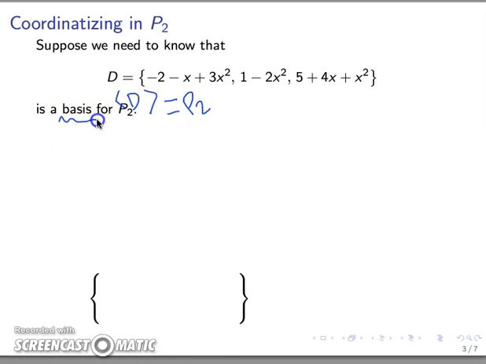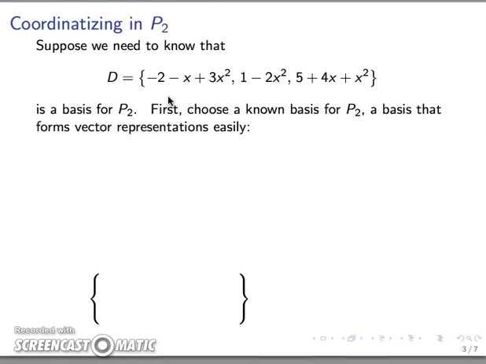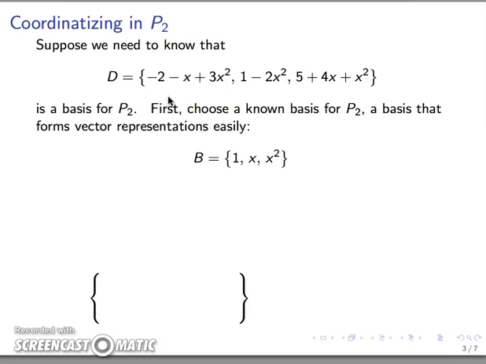So this set D is a basis for P sub 2, but we're going to first choose what could be referred to as the standard basis, another set that's also linearly independent and spanning, which spans P sub 2. That set is what we're going to call here B.